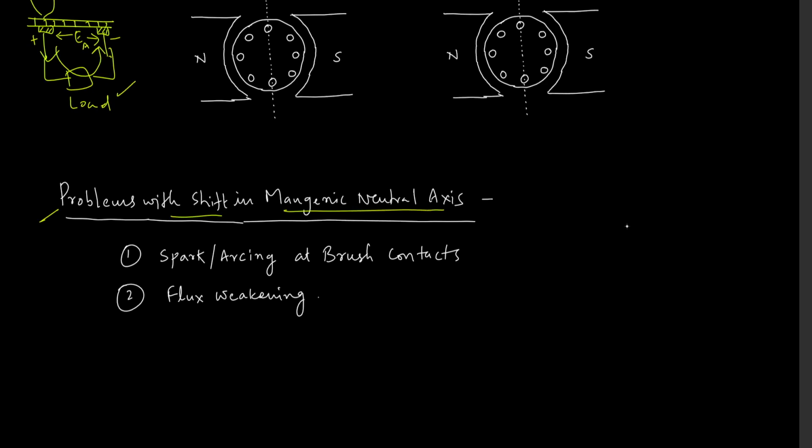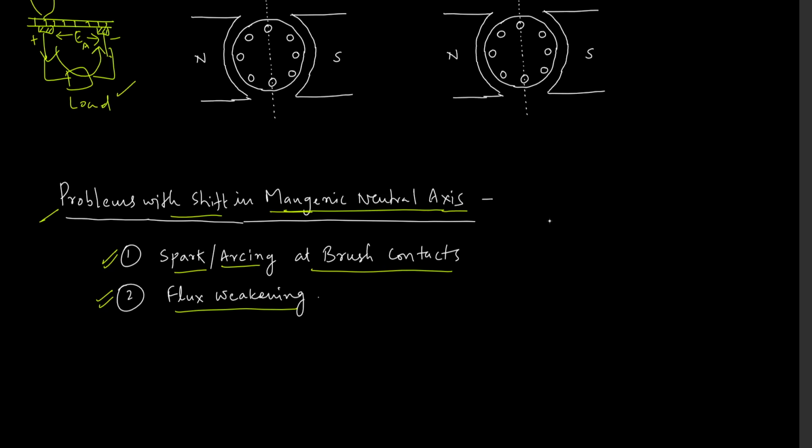One is the sparking or arcing at brush contacts, and the other one is the reduction, decrease or weakening in the overall flux. These are the two problems we are going to face with the magnetic neutral axis shift.